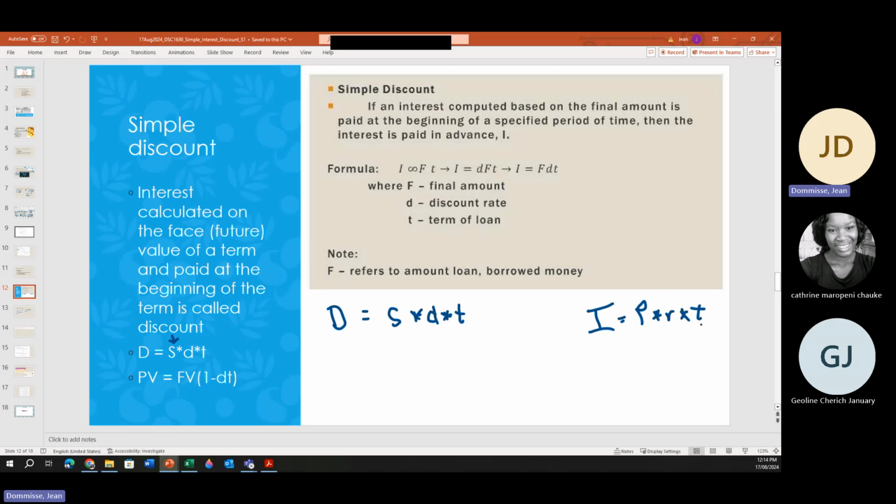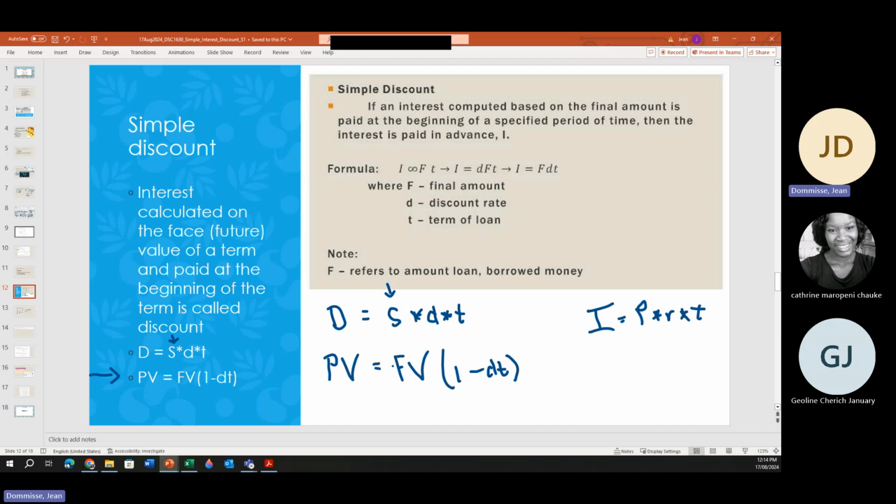So now the only big difference is now you're working with your future value. So you're working with that S. So if we also needed to rewrite it in the present value, future value format, we would have said future value times 1 minus dt is equal to your present value.